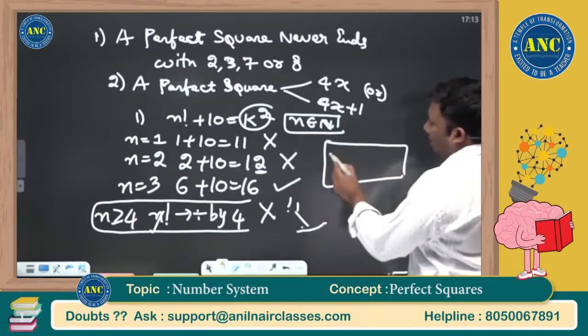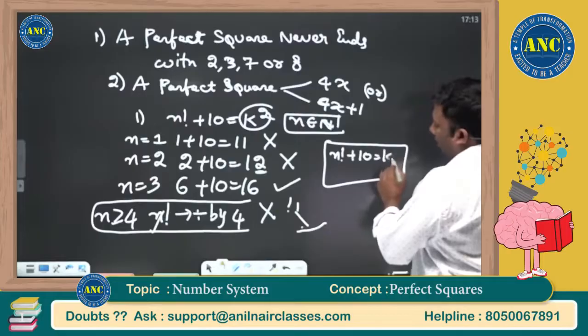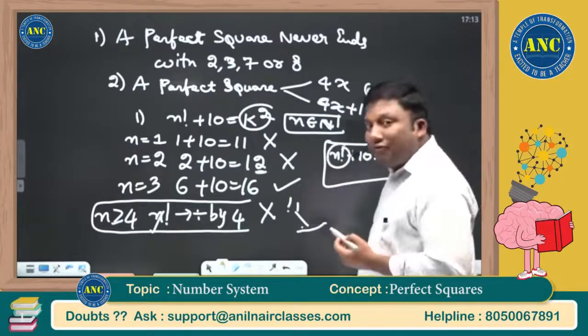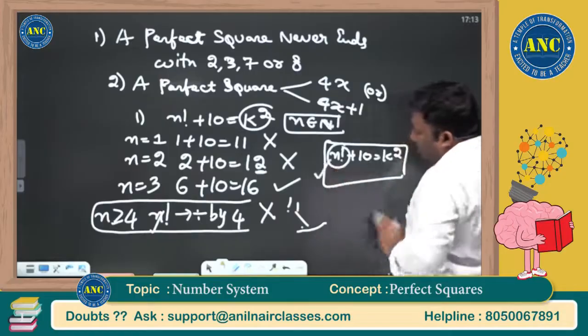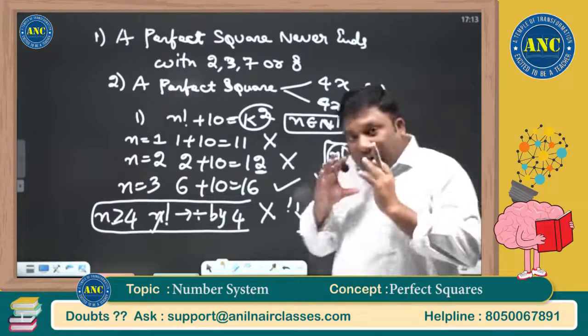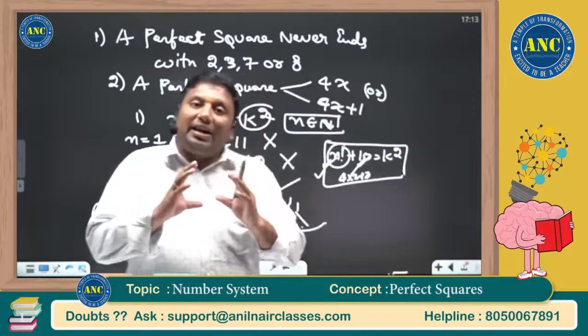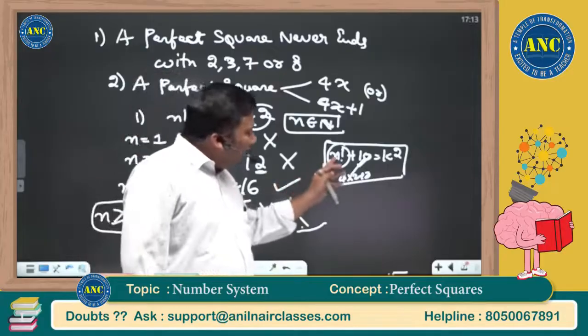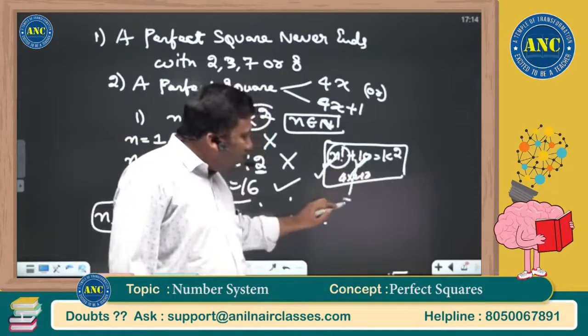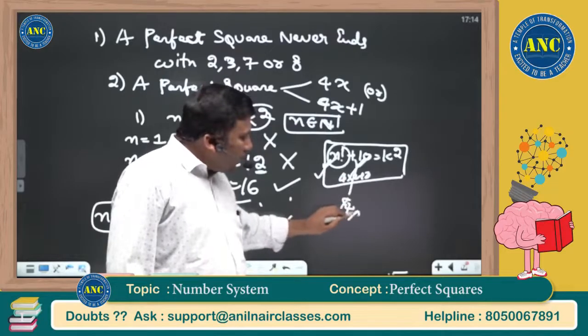Now listen carefully. n factorial plus 10 equals k square. From 4 onwards, n factorial is divisible by 4, and 10 is nothing but 4 into 2 plus 2. n factorial is divisible by 4, and 10 gives a remainder 2. So the left hand side will be 4 into something plus 2.